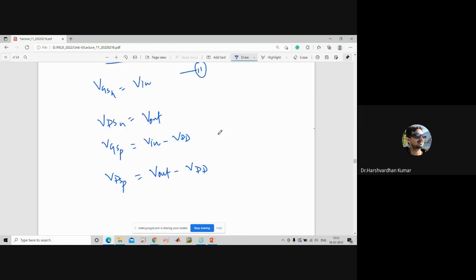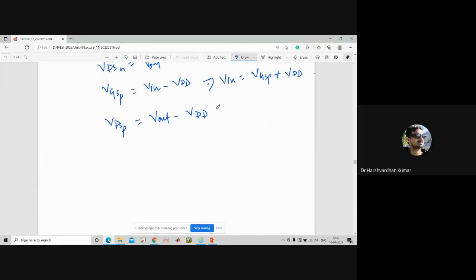Now, if you see these equations, the input voltage is equal to VGSP plus VDD. So what will be the nature of the gate to source voltage for PMOS transistors, positive or negative? We know very well that for NMOS transistors the gate to source voltage should be positive. So for PMOS transistors, will it be negative or positive?